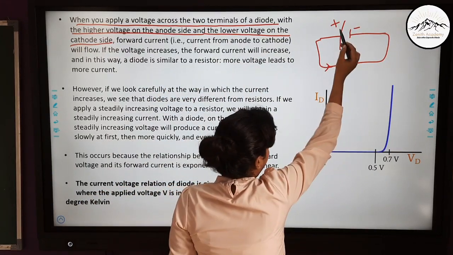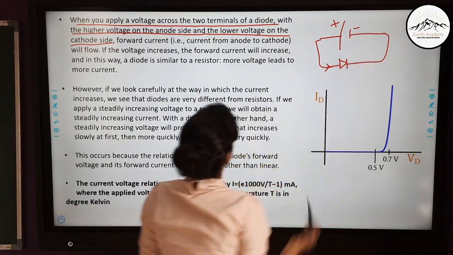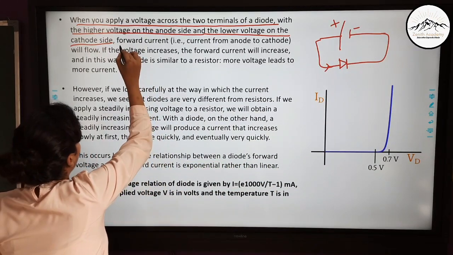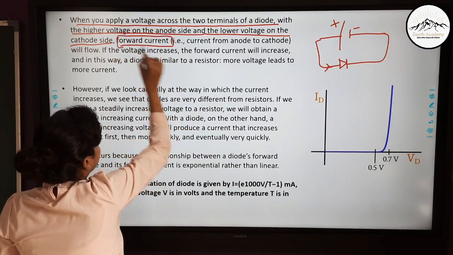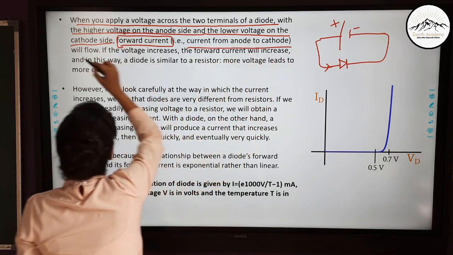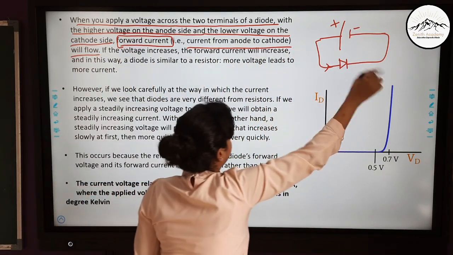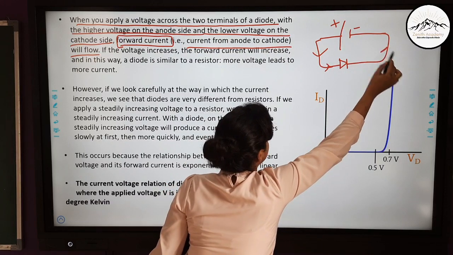Higher voltage is on the anode side, lower voltage is on the cathode side. Then forward current, that is, current from anode to cathode, will flow.